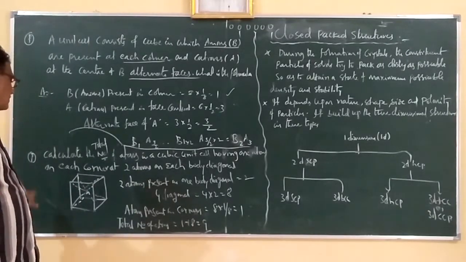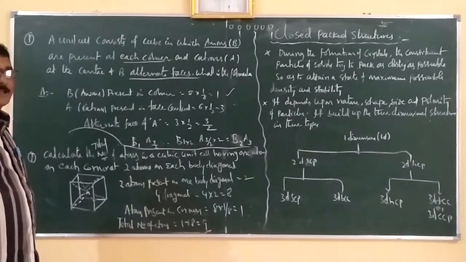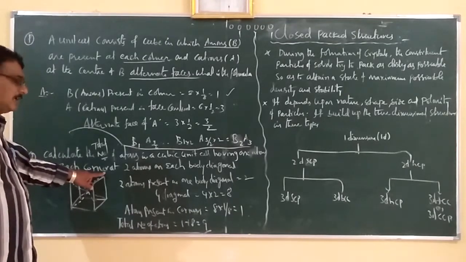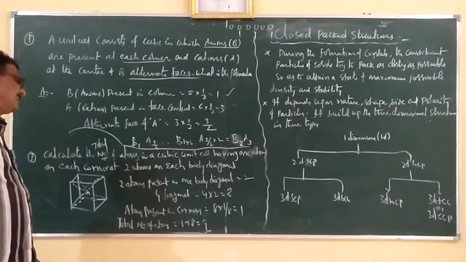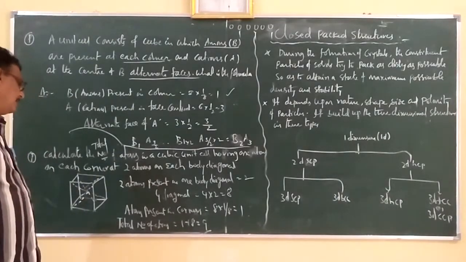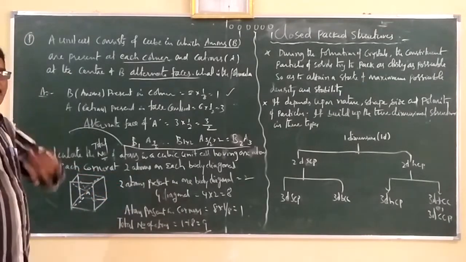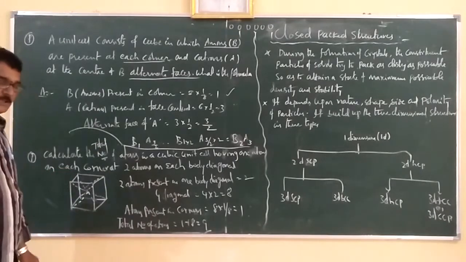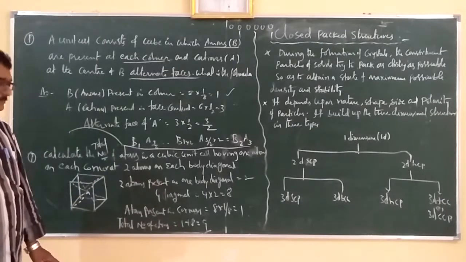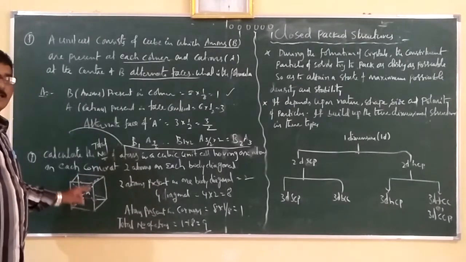So once again, here I am taking two atoms present in one body diagonal. So this is the diagram. In this body diagonal, how many atoms are there? Two atoms present in one body diagonal.